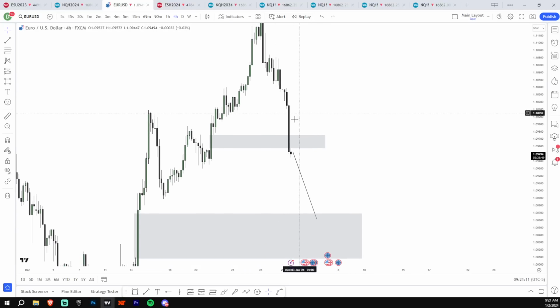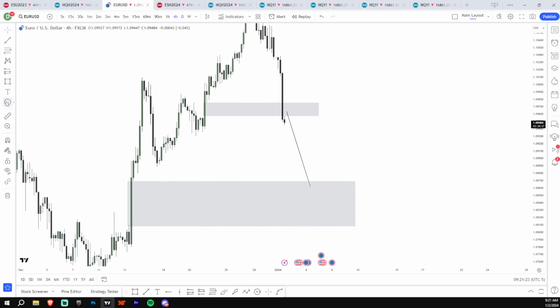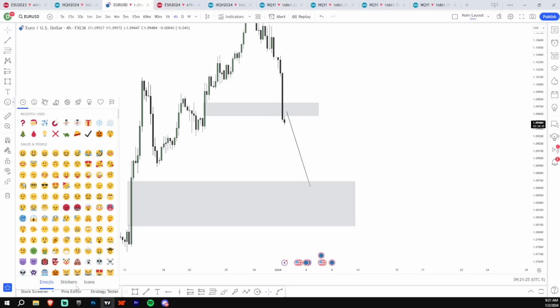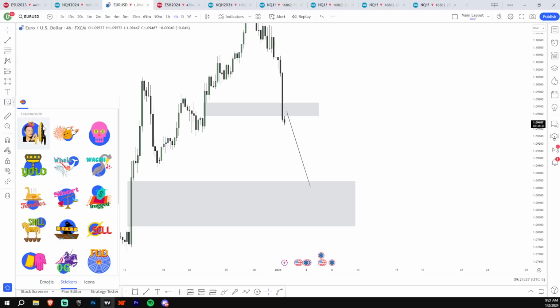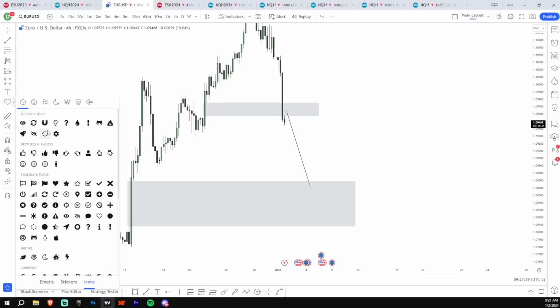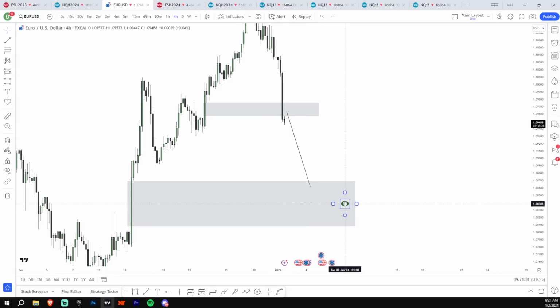This is major, and then we just inverse this, and this is kind of your last line of defense or whatever you want to call it. So I would look for a confirmation, lower time frame short setup inside here, and then this would be your target. Because it's the next unbalanced fair value gap, and typically the market likes to reprice these.